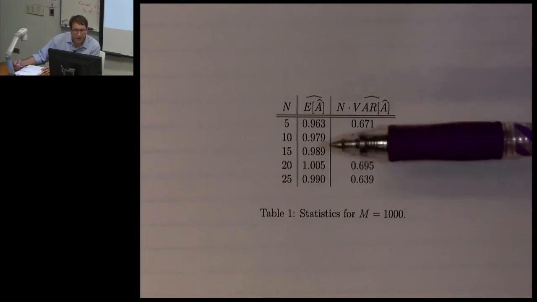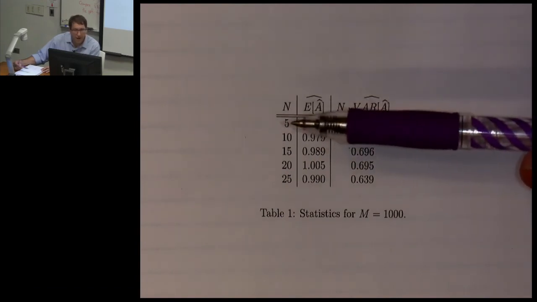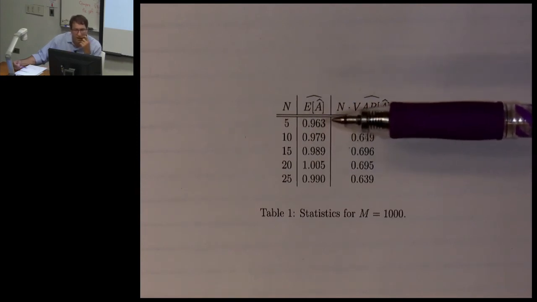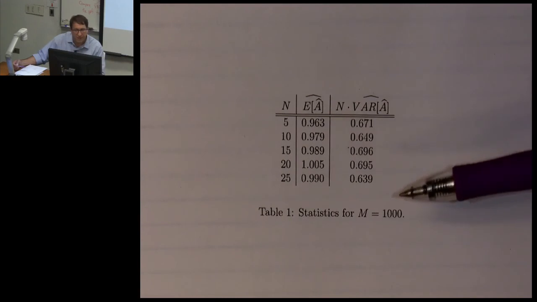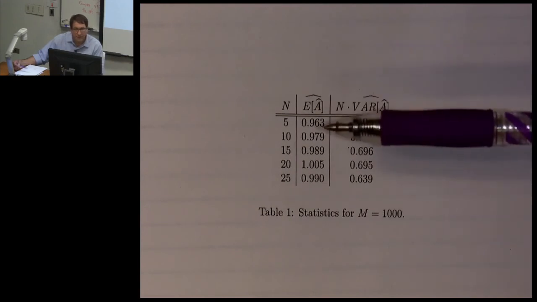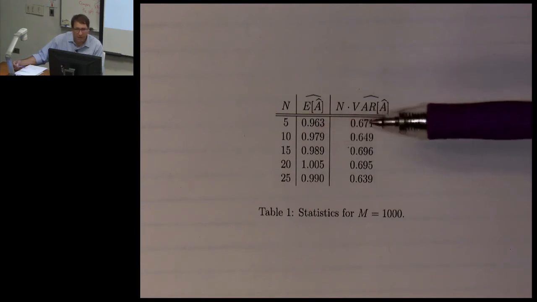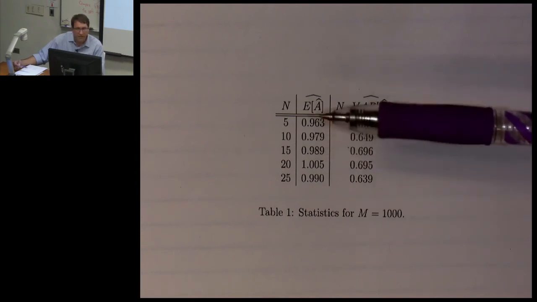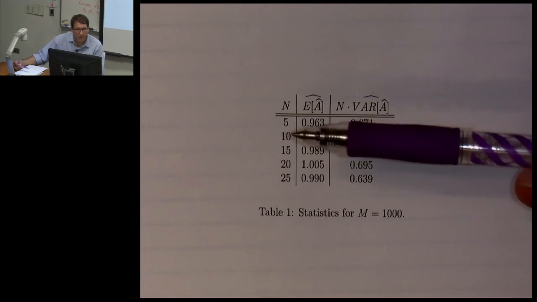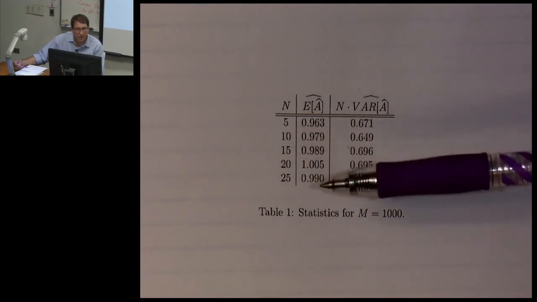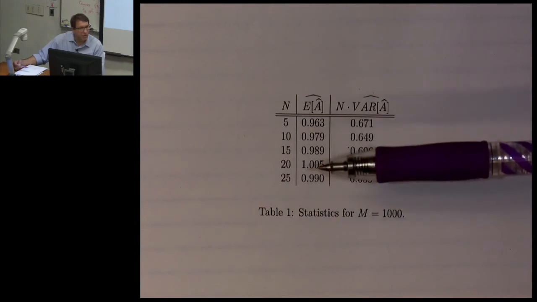You can see that at n equal to 5, our sample estimate with 1,000 samples is short a little bit, down 4% from the true value. The variance is in the ballpark of 0.667. As I increase the number of points to 10, 15, 20, and 25, you can see that we're now starting to bounce around the true value of 1.